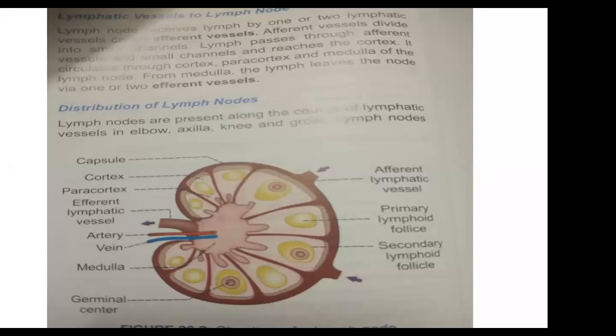And what can that noxious material be? Usually bacteria. So the macrophages present in the lymph node come into action and destroy that noxious material, that bacterium. But in this process, they also swell up.